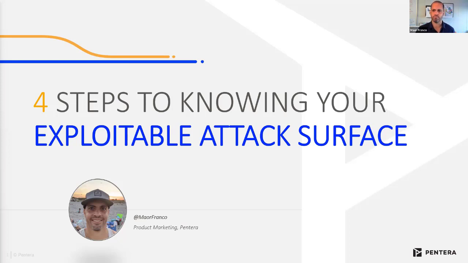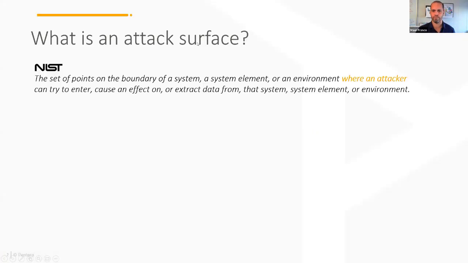Let's continue. Before we dive in to what is an attack surface, let's get on the same page. I put this dictionary explanation from NIST of how they define attack surface. You can read it: the set of points on the boundary of a system element, or an environment where an attacker can try to enter, cause an effect on, or extract data from that system.